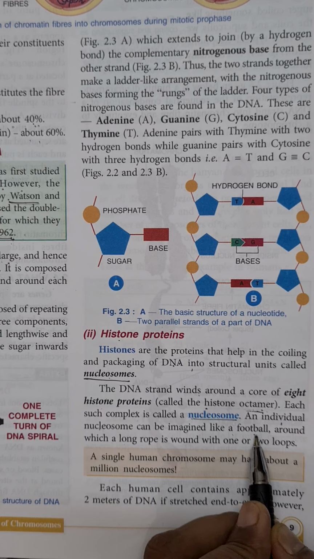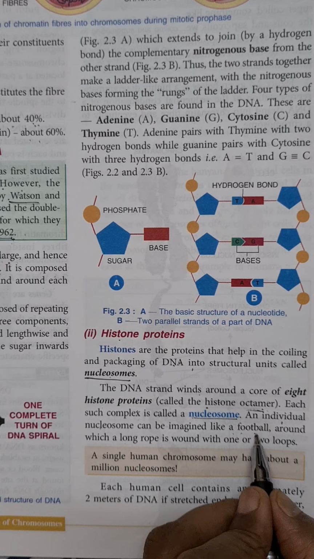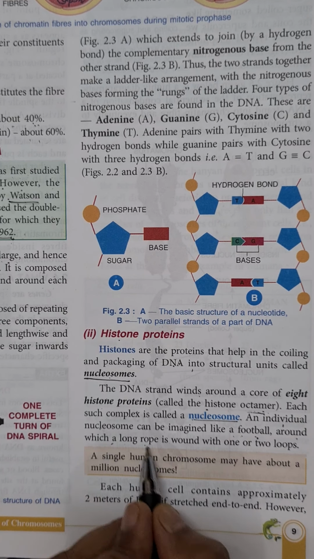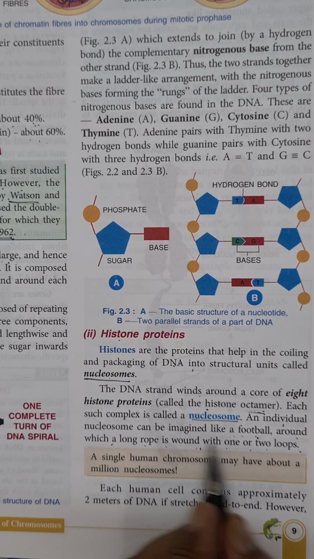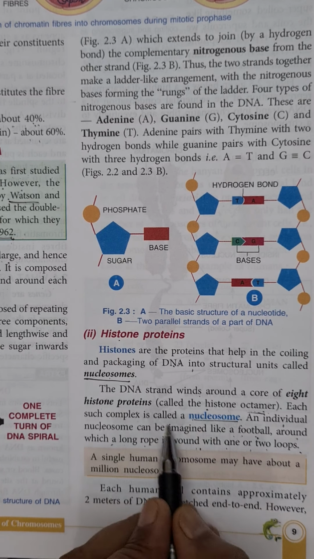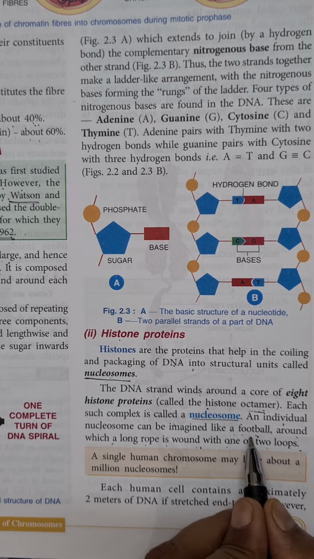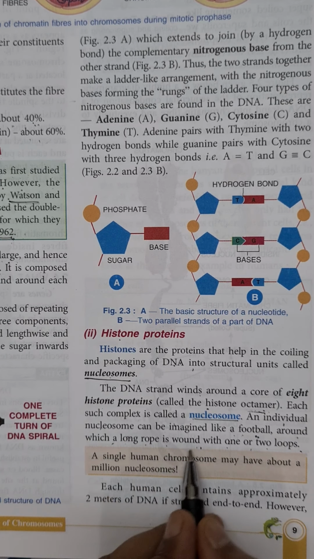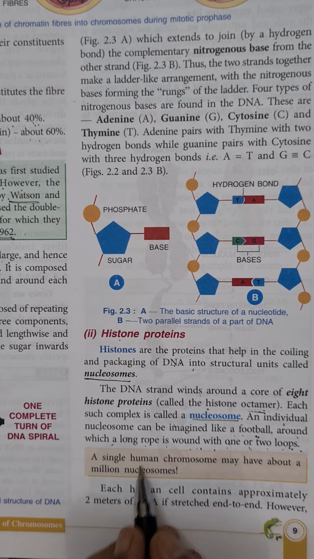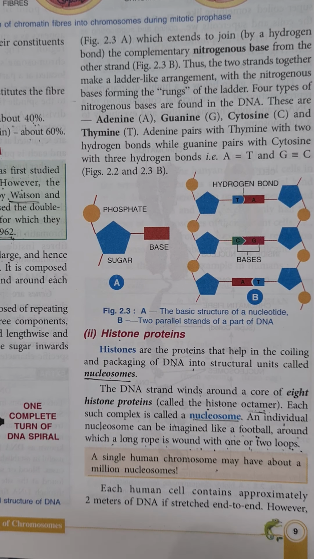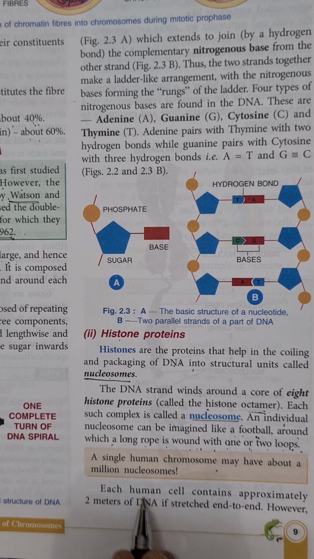An individual nucleosome can be imagined like a football around which a long rope is wound with 1 or 2 loops. So we can compare one nucleosome with a football around which a long rope is wrapped with 1 or 2 loops. A single human chromosome has about millions of nucleosomes.